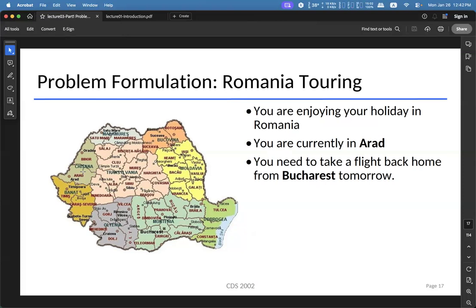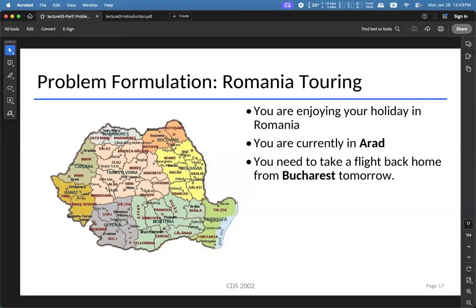Not every city has an airport. So in order to leave Romania, you may need to transit back to Bucharest and then take the airplane from the airport there.